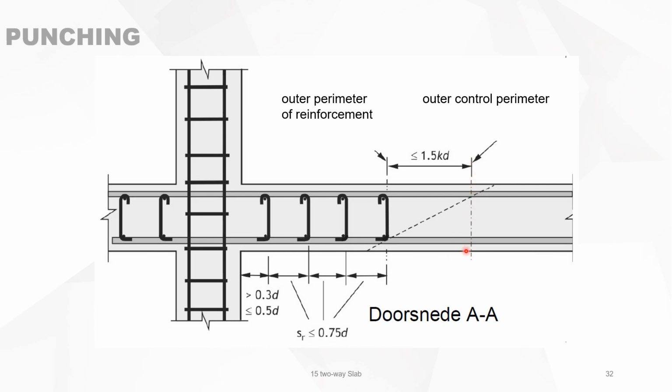The last reinforcement perimeter is within 1.5 times d of the outer control perimeter. The first one is between 0.3 and 0.5d, and the distance between is 0.75d. And you will always have at least two perimeters of reinforcement.